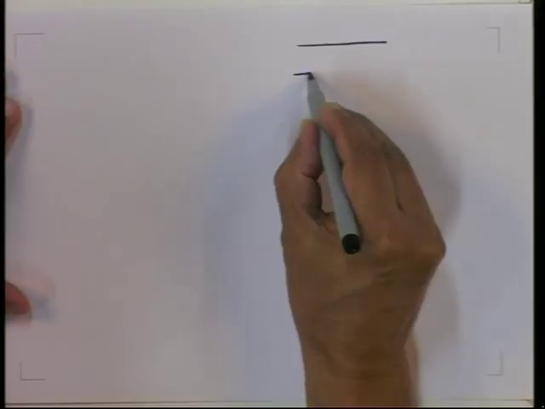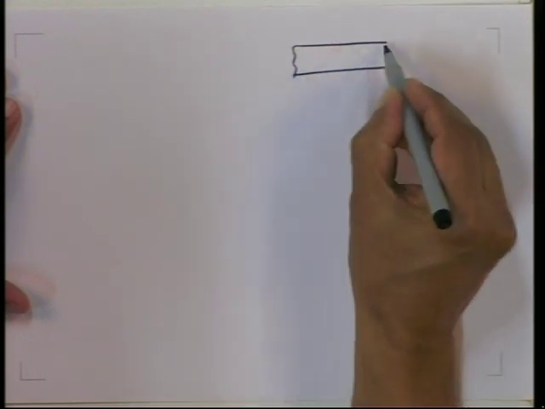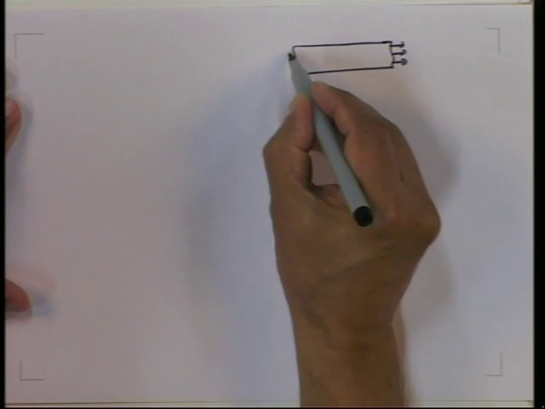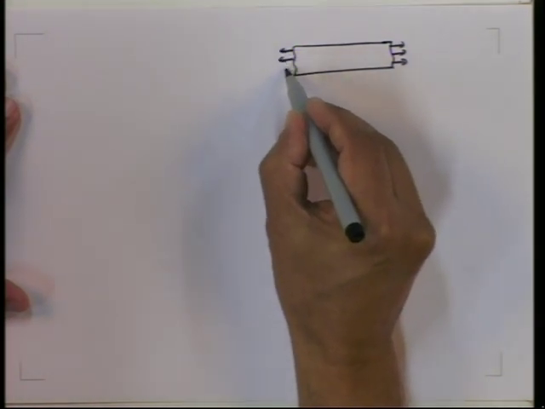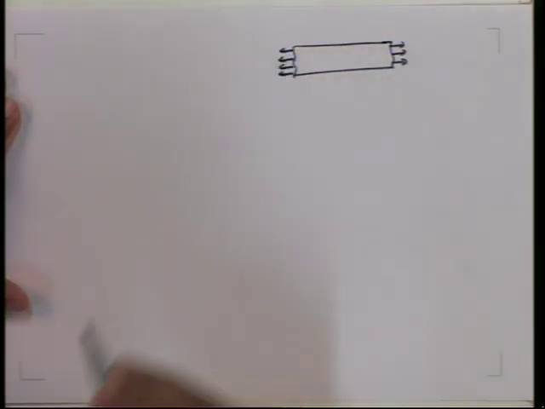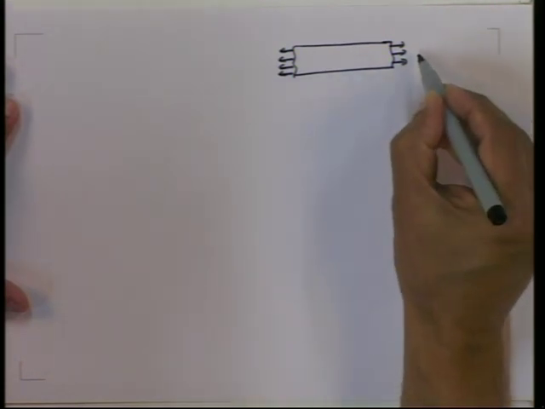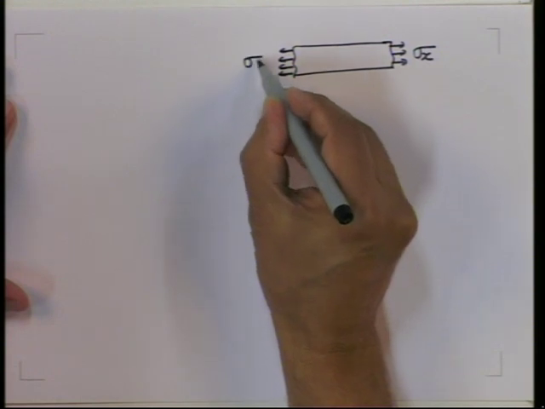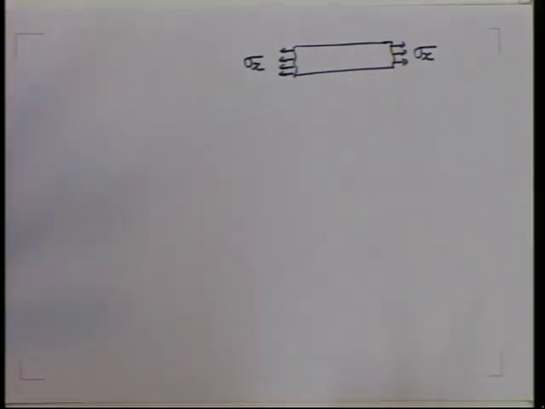So, if you have a rod under tension, this is your sigma x. Stress at any point is total force divided by the area of the cross section.